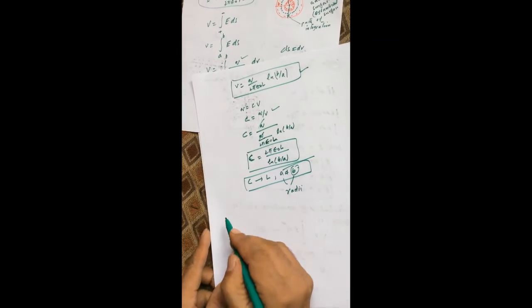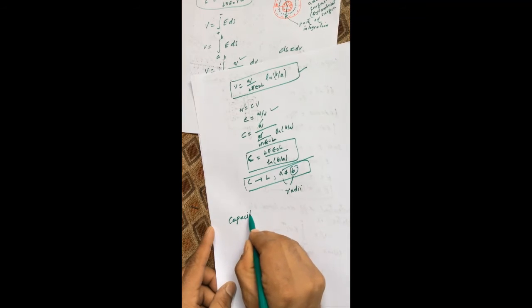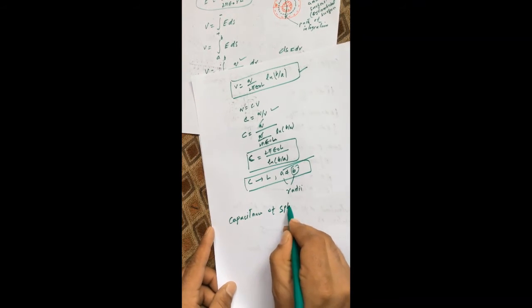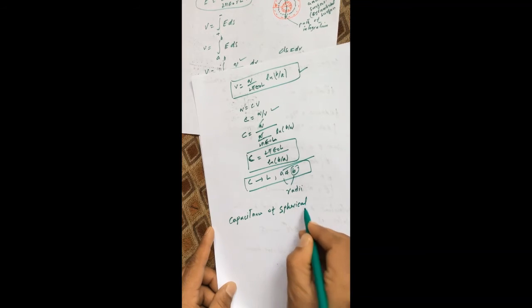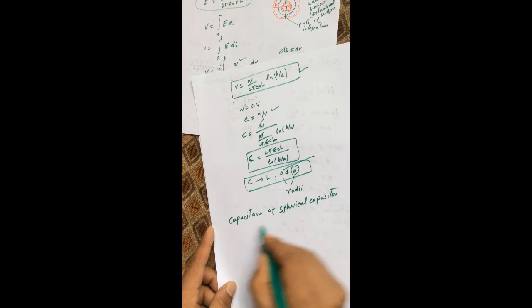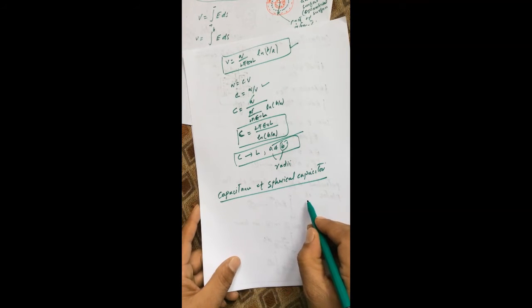Now next we have to calculate the capacitance of a spherical capacitor. Suppose we have a spherical capacitor which consists of two spheres.